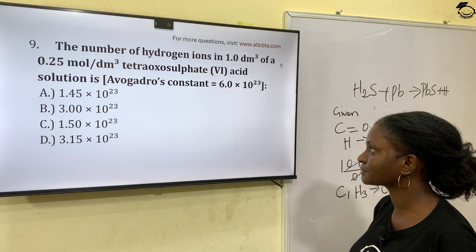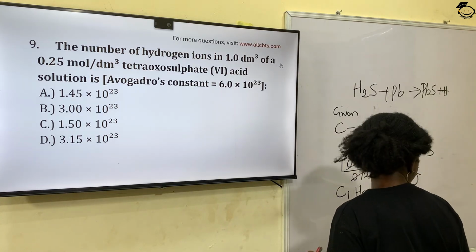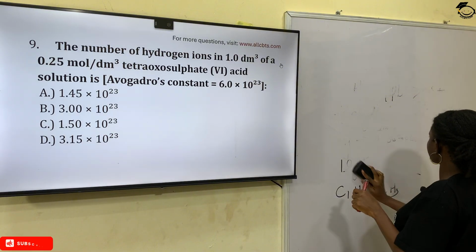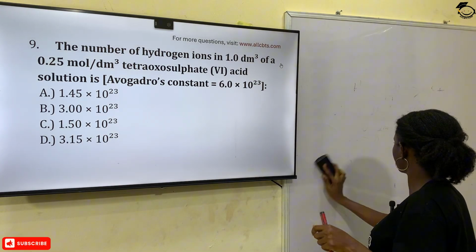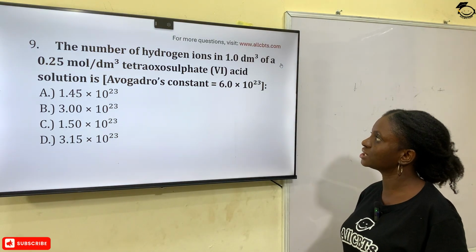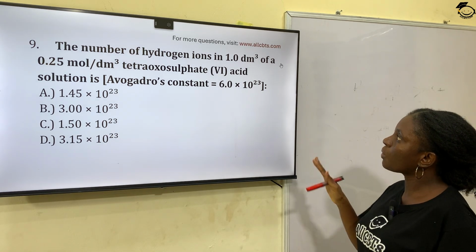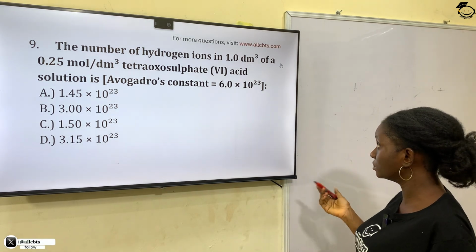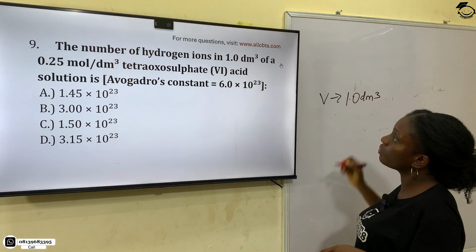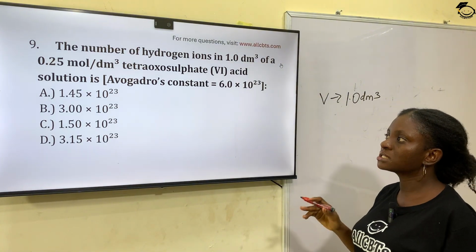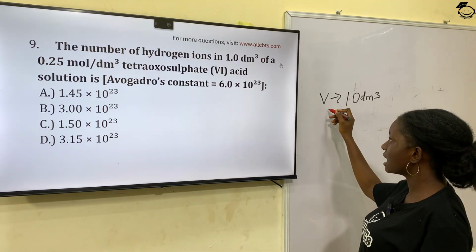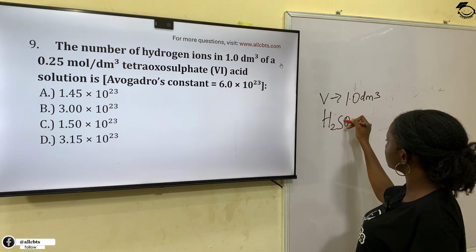The correct answer is black, option A. Question 9. The number of hydrogen ions in 1 dm cube of a 0.25 mole per dm cube tetraoxosulfate(VI) acid, that's H2SO4.